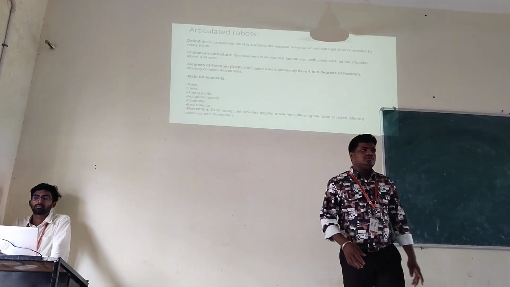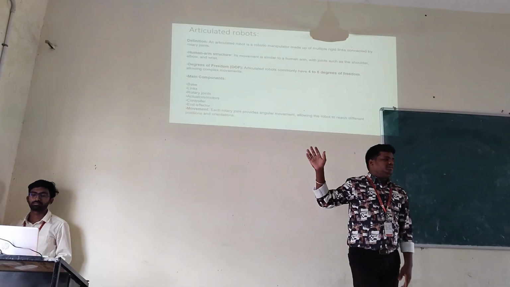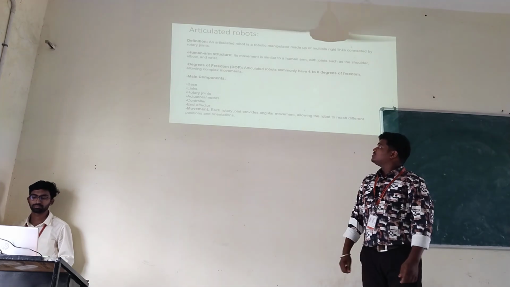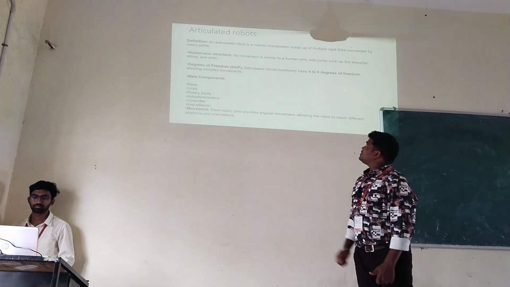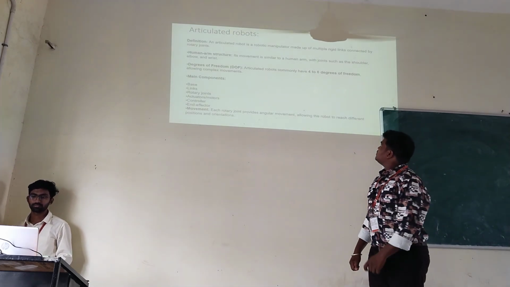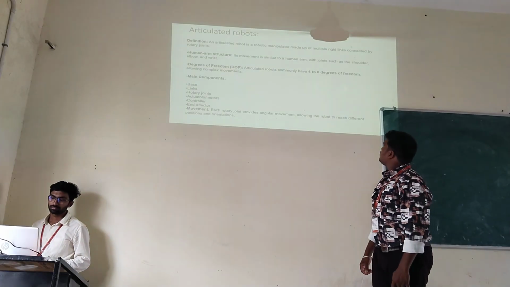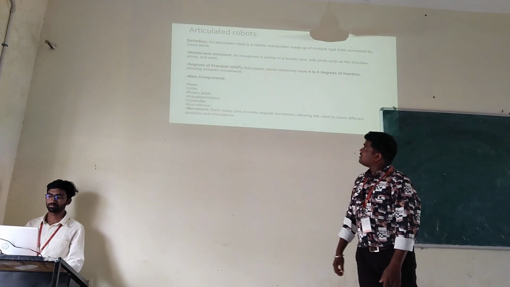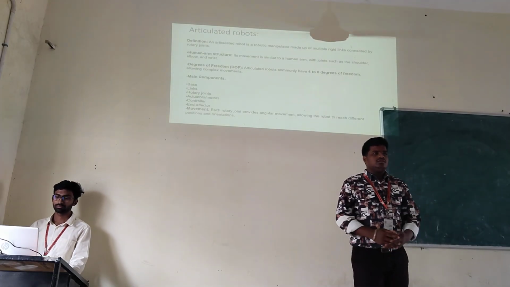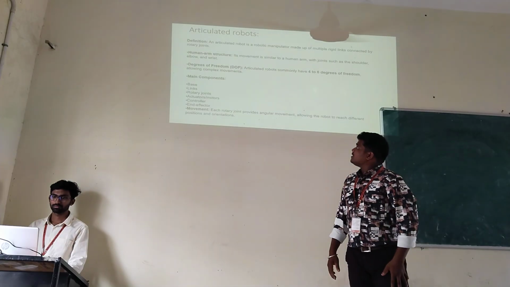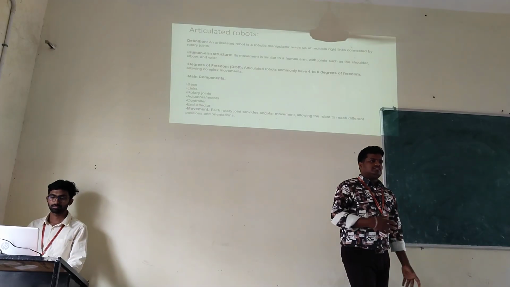Let us discuss briefly what is meant by articulated robots. An articulated robot is a robotic manipulator made up of multiple rigid links connected by rotary joints, like our human arm structure.